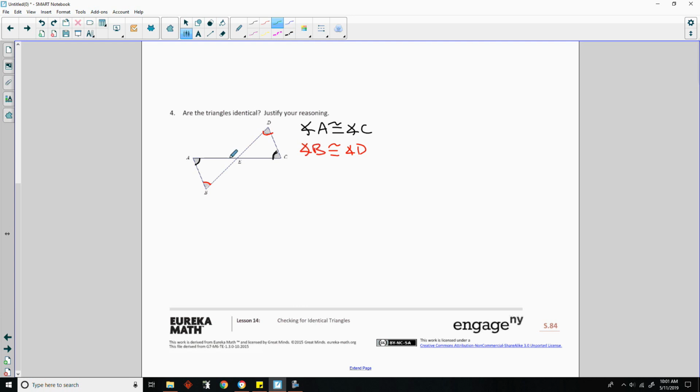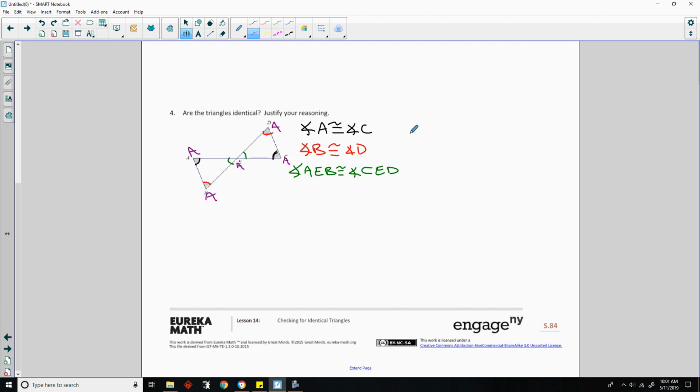And then in the middle here we have vertical angles formed by two straight lines. So I can then say angle AEB is congruent to angle CED. And if I label up, this is an angle, this is an angle, this is an angle, this is an angle, this is an angle.